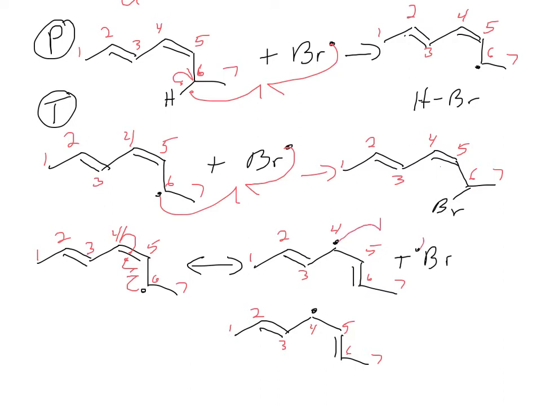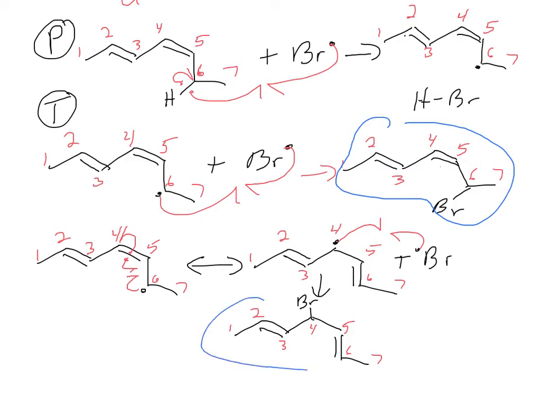Carbon 4, right? So here's one product. I'm just going to erase this and draw this as the product down here. That was a bromine on 4. That's another product.